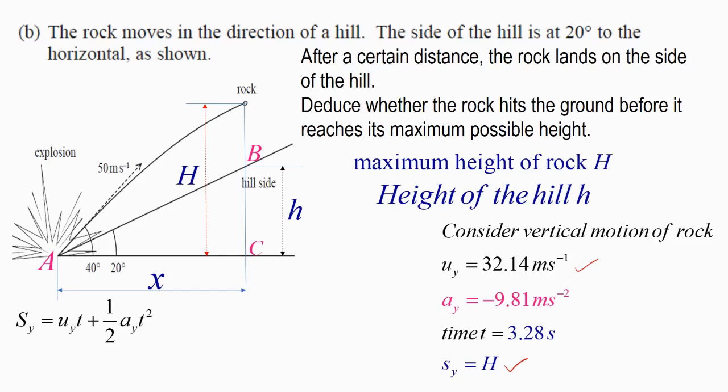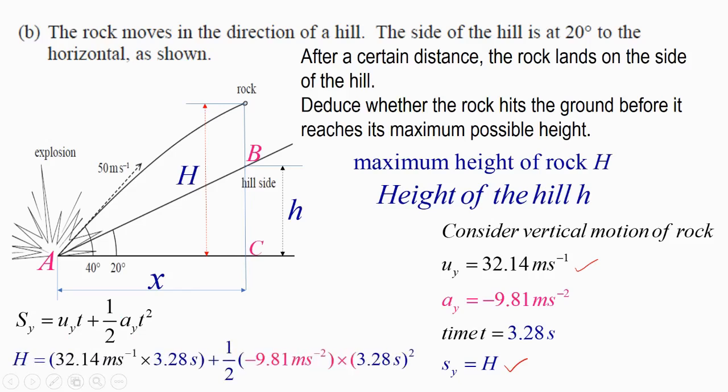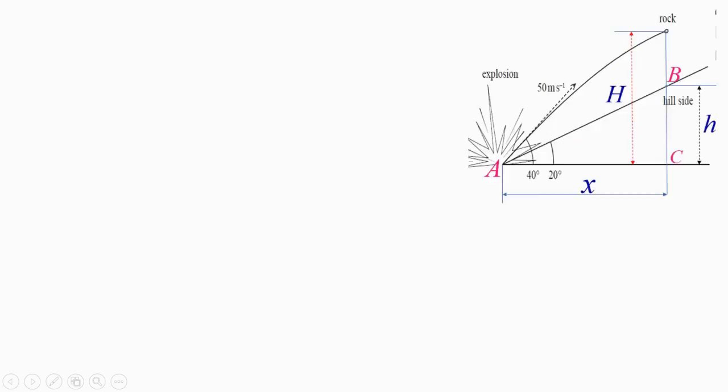That is, Sy is equal to H, uy is 32.14, time is 3.28, and half into the acceleration, which is minus 9.81, and time is equal to 3.28 seconds. By substituting these values in this equation we will get the maximum height.